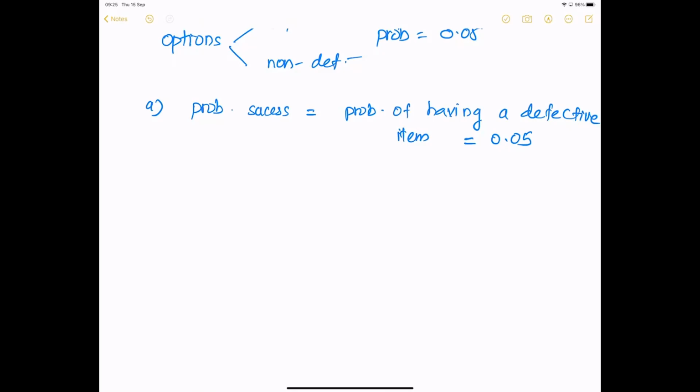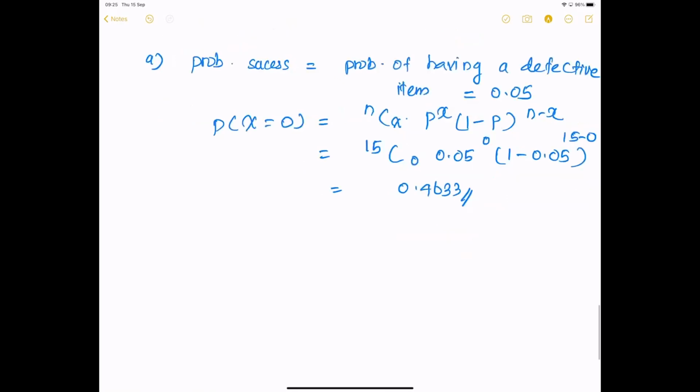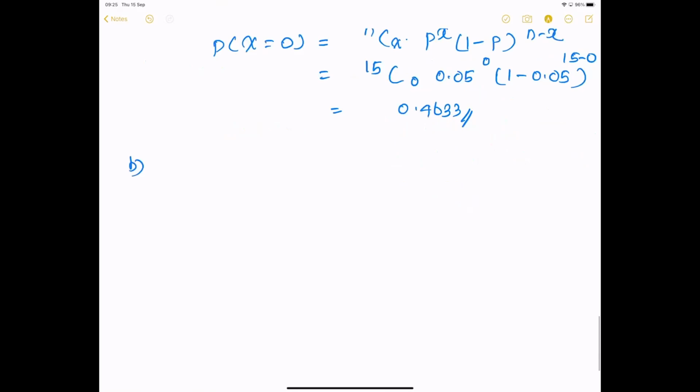Probability that no defective items, so then x should be equal to 0, right? So the equation is like this, right? We can simply substitute the values: 0.05 to the power 0, 1 minus 0.05 to the power 15 minus 0, right? The answer will be 0.4633, right?